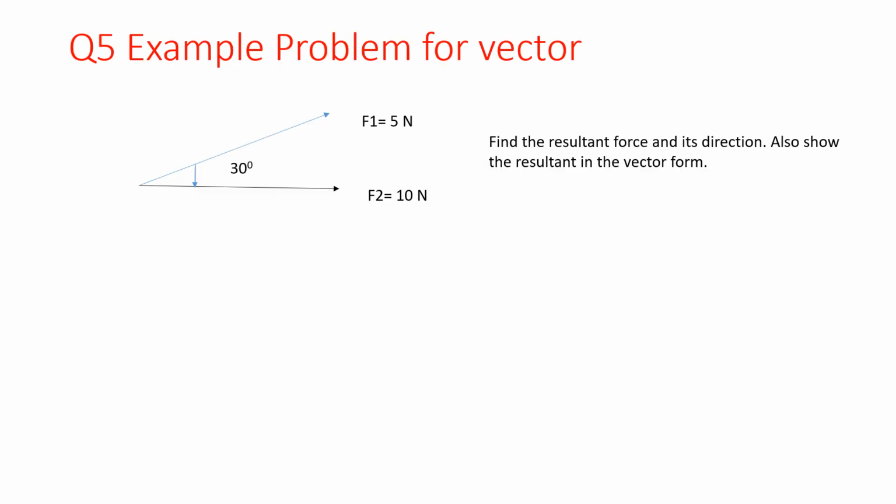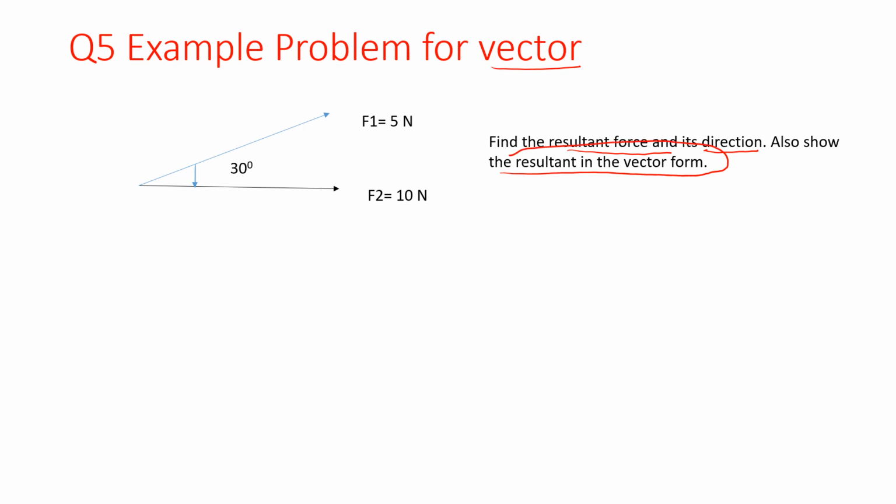Okay, now we will do a simple problem which is based on vectors. I think you have done many problems in statics that relate to decomposition and finding the resultant force. So in this problem you have been asked to find the resultant force and its direction, and also the resultant in vector form.